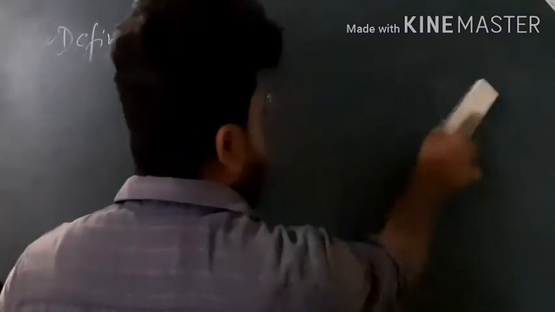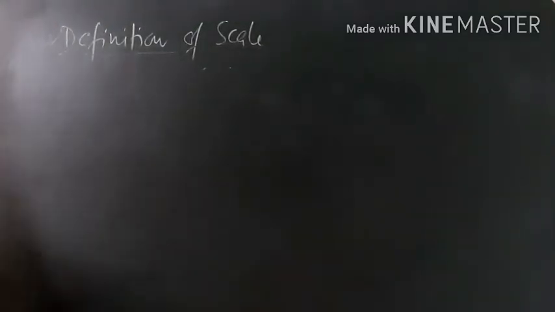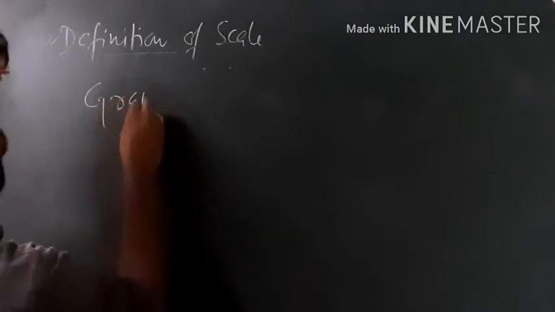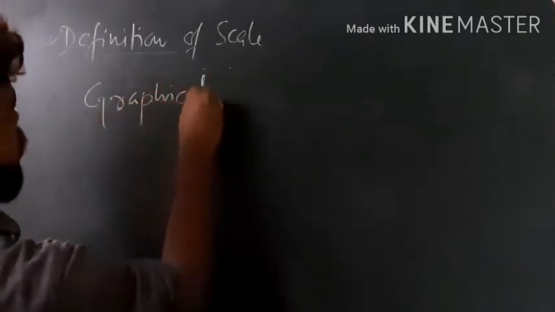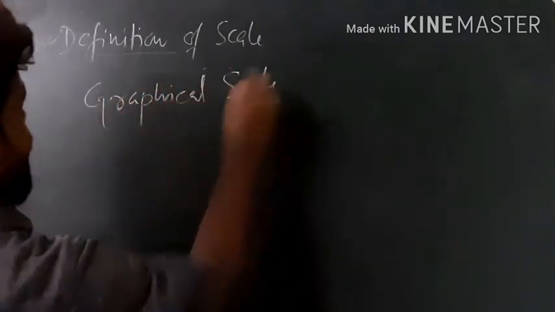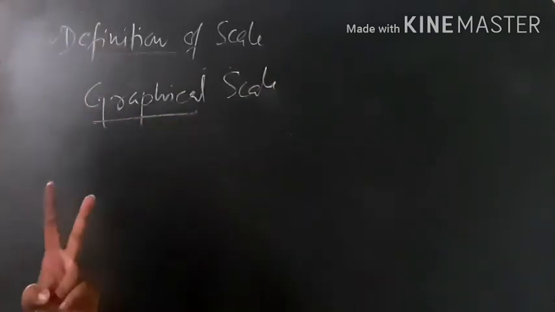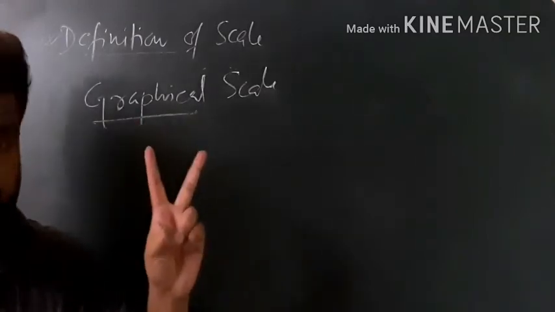One scale is left, that is the graphical scale, right? Graphical scale. So when we are discussing about the graph, what does it mean? Definitely in the graph two things will be compared, right?